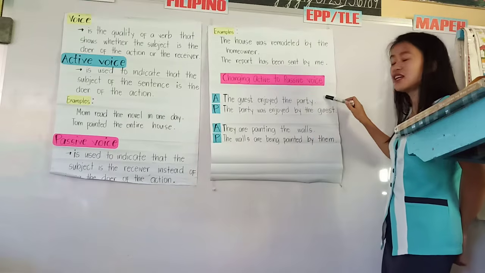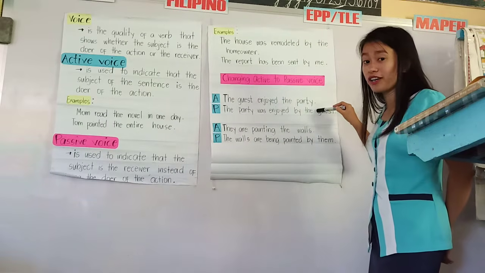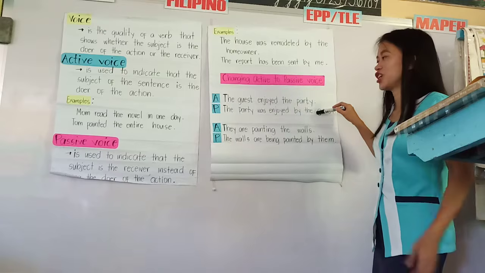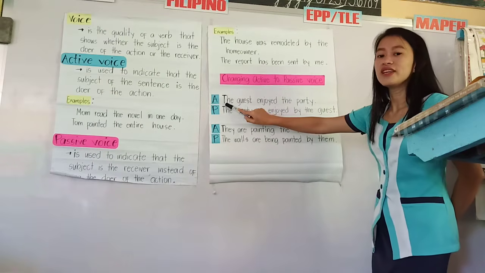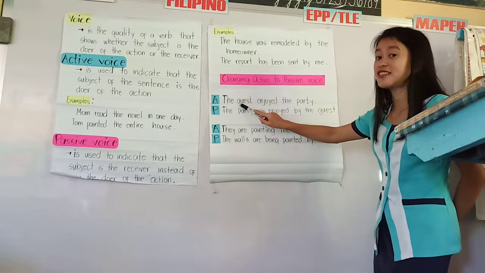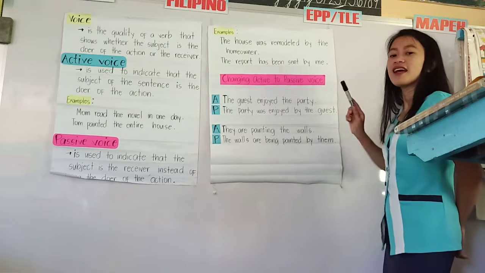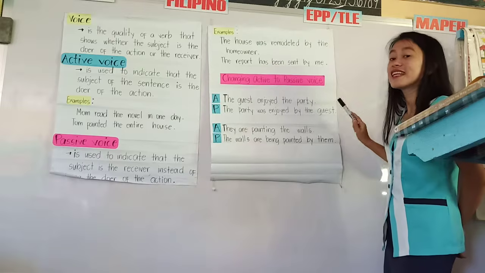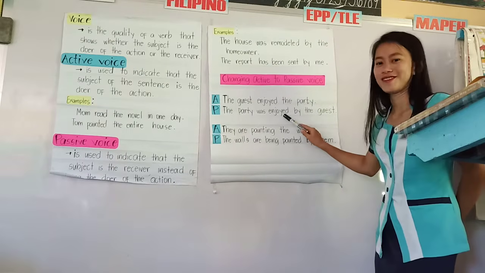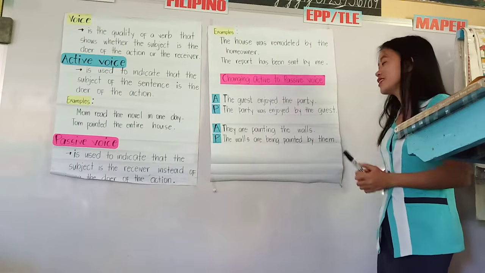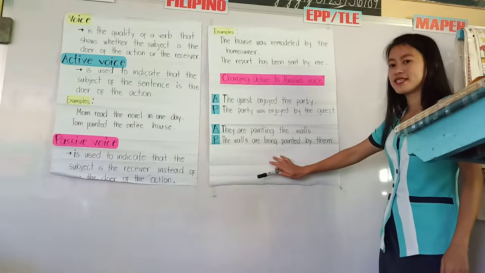As you can see, the order of the words is interchanged. In active voice, the subject is written before the action, while in the passive voice, the subject is written after the action. Is it clear? Good job. Now let's have another example.